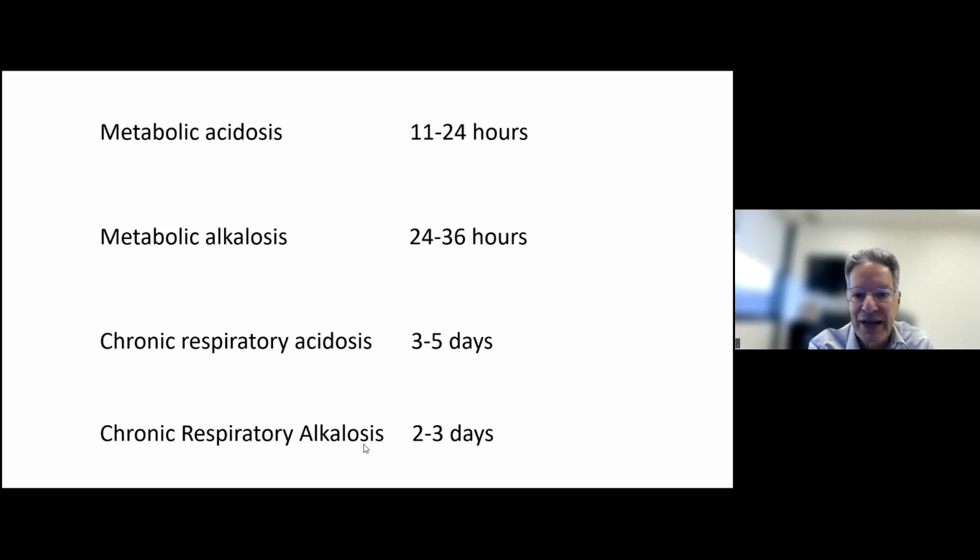Chronic respiratory acidosis, if you raise the PCO2 for whatever reason, either someone went unconscious or went on a ventilator, it takes 3 to 5 days for the bicarbonate to stop increasing and reach a new steady state. And respiratory alkalosis, if you drop the PCO2 for a period of time that's longer than just white coat syndrome or acute anxiety, it's going to take 2 to 3 days for the bicarbonate as it's falling to start plateauing out and stop falling further. So you got to wait long enough.